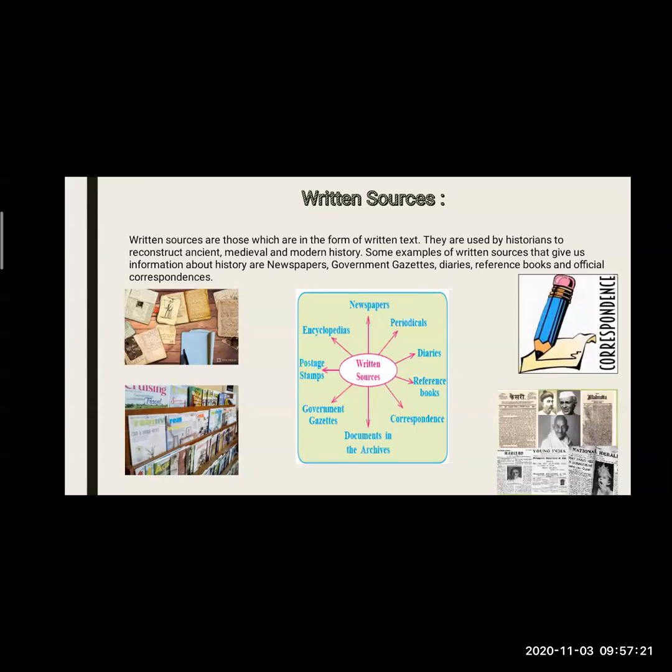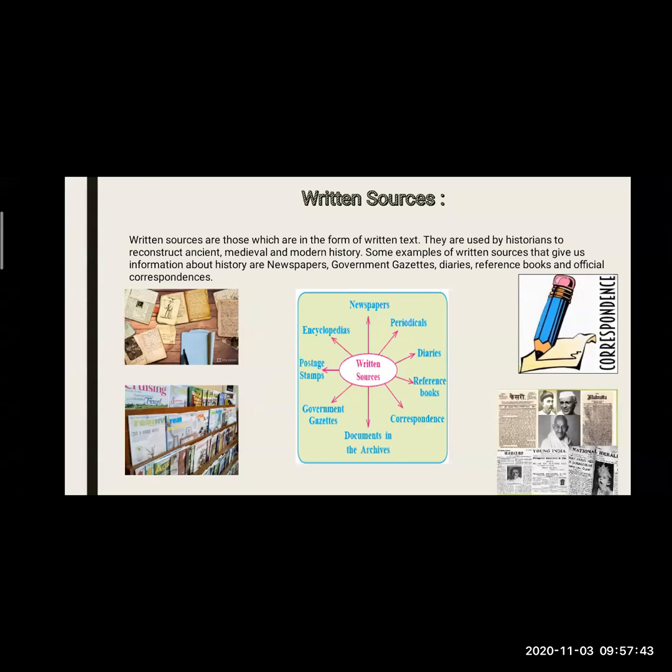Now, some examples of written sources that give us information about history are newspapers, government gazettes, diaries, reference books, and official correspondence. When it comes to written sources, we have newspapers, and we have periodicals.